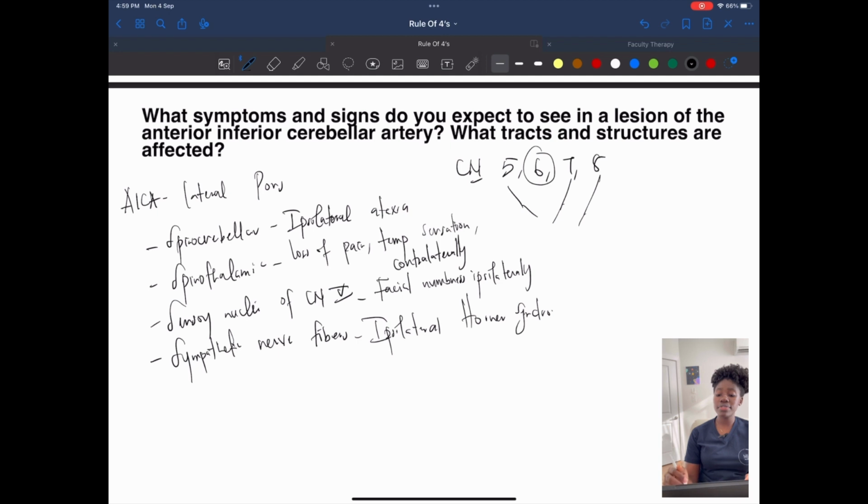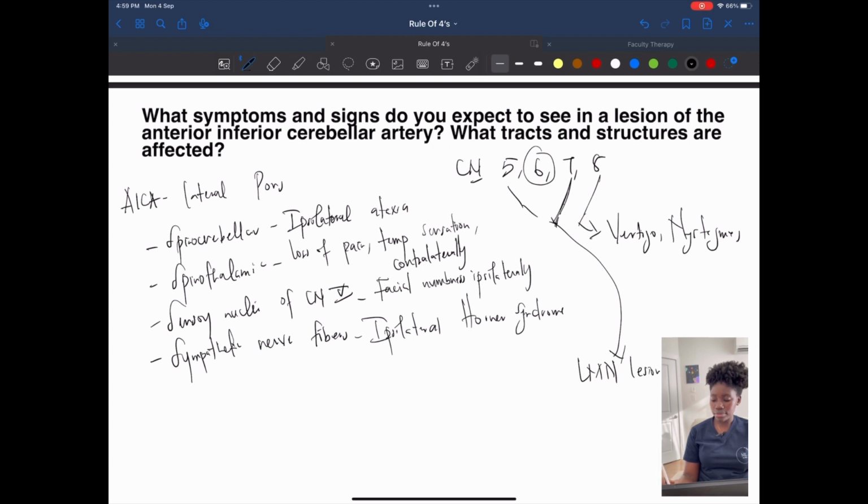Now the cranial nerve deficit, with cranial nerve 8 vestibulocochlear, particularly the vestibular side of it, you would have things like vertigo, nystagmus. Cranial nerve 7, which is the facial nerve, they would have symptoms of lower motor neuron lesion of the cranial nerve 7.